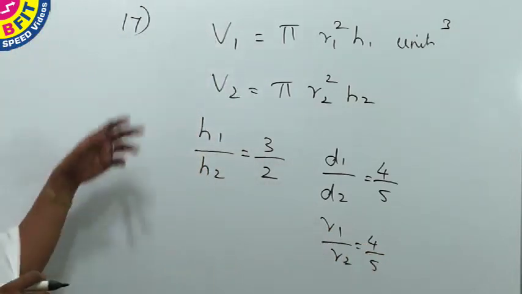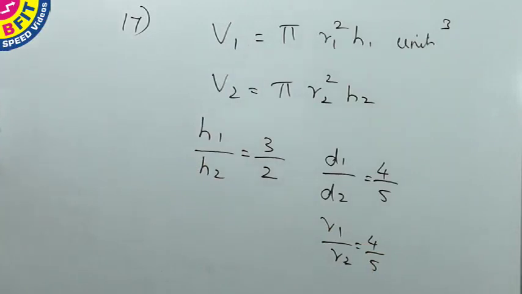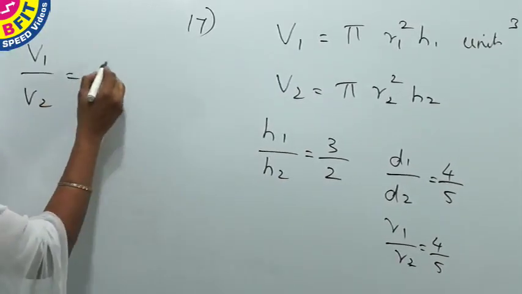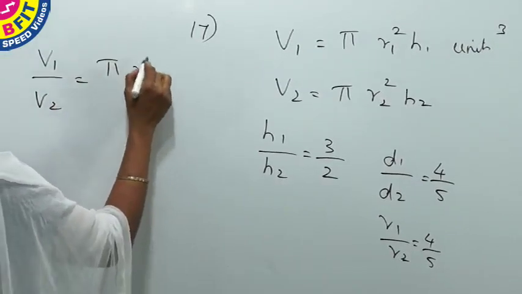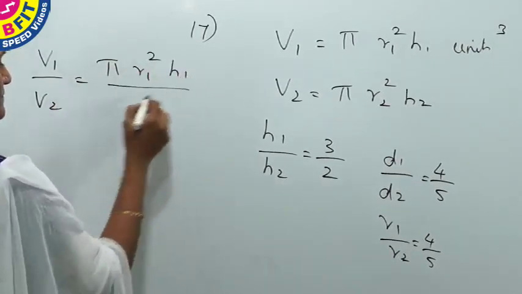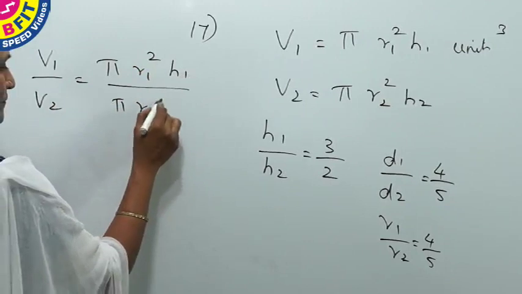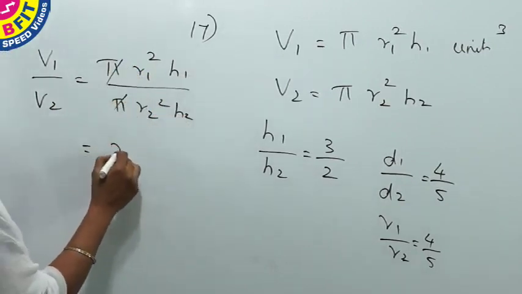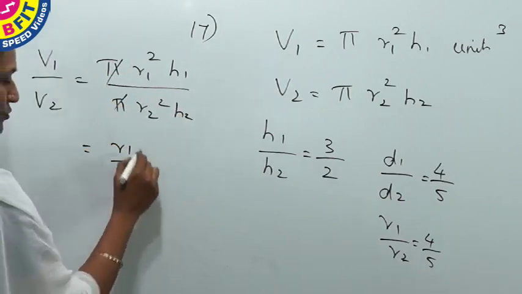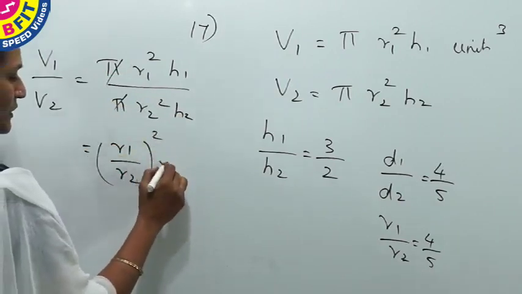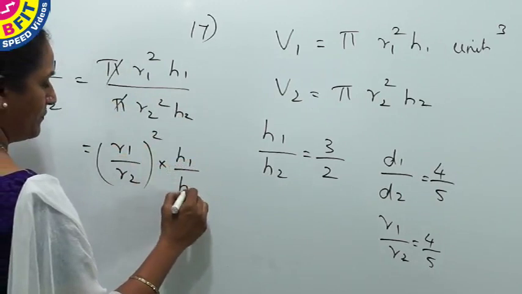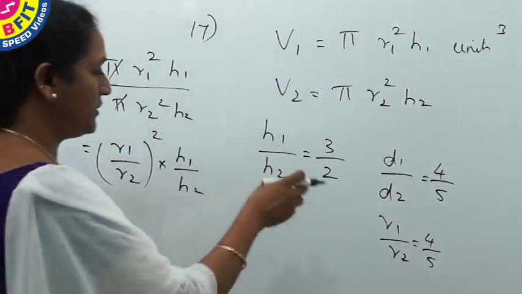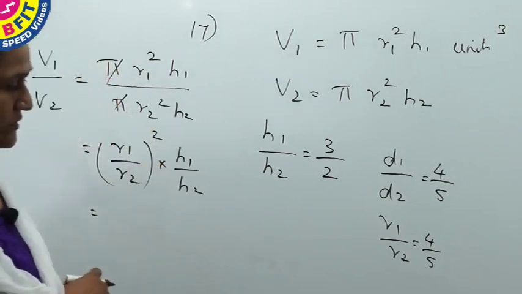And to find ratio of their volumes, dividing both the volumes, cancelling this pi, we have R1 by R2 the whole square into H1 by H2. So ratio of radius is 4:5.